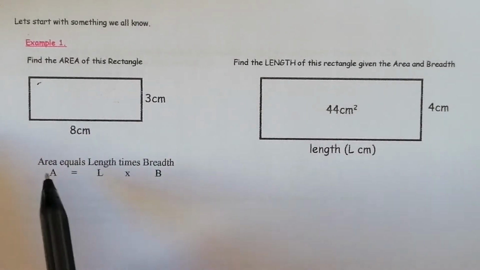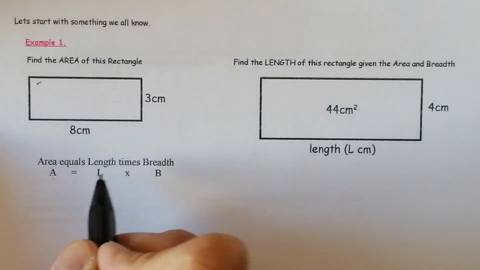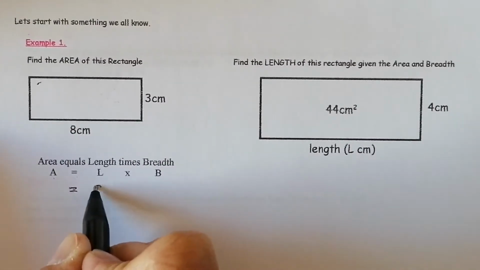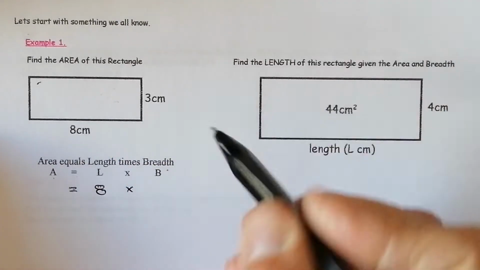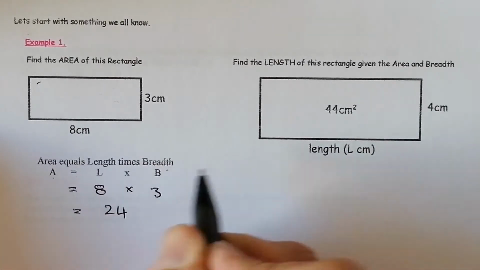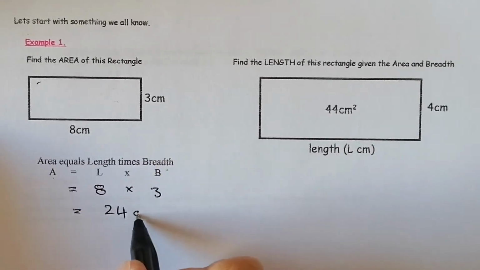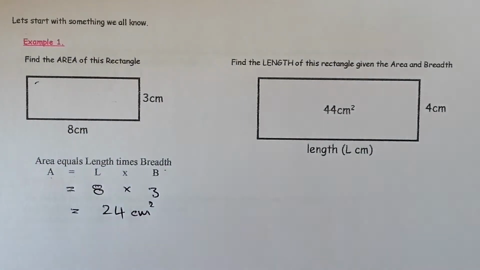So area equals length times breadth. All I need to do is substitute my values in: 8 for the length, 3 for the breadth, and I get 24. The units are centimetres squared.